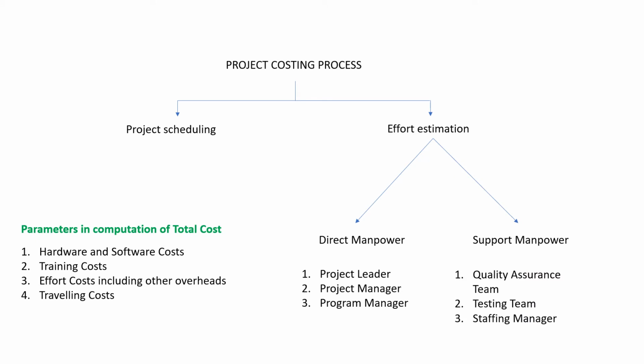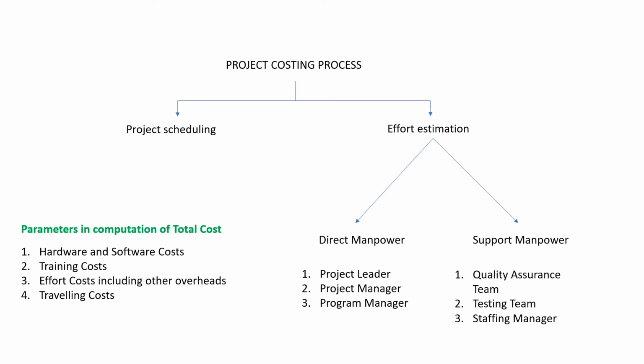Project costing process can be broadly divided into two major aspects. One is project scheduling and another is effort estimation. Under project scheduling, the various activities of the project are identified and their timelines are assessed, and the total timeline for completing the project is estimated.